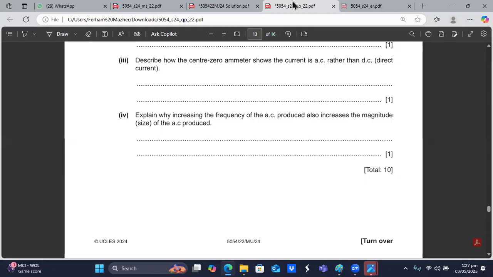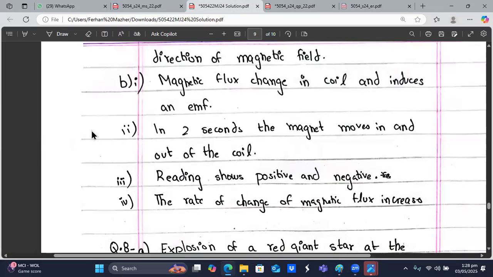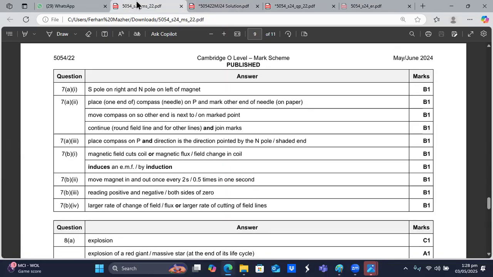So your hand movement should have a higher frequency. So when the bar magnet moves relative to the coil faster, a larger amount of current is induced, because there will be a larger change in the flux in the same time duration. The rate of change of magnetic flux increases. That's why there will be a larger amount of EMF induced. This is what we think, larger rate of change of field or flux, or larger rate of cutting of the field lines. So this was question number 7.